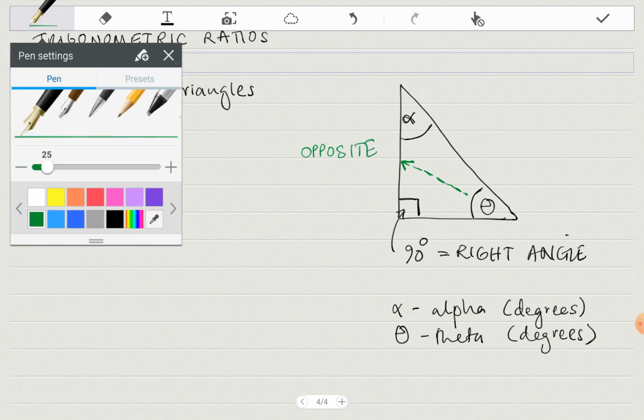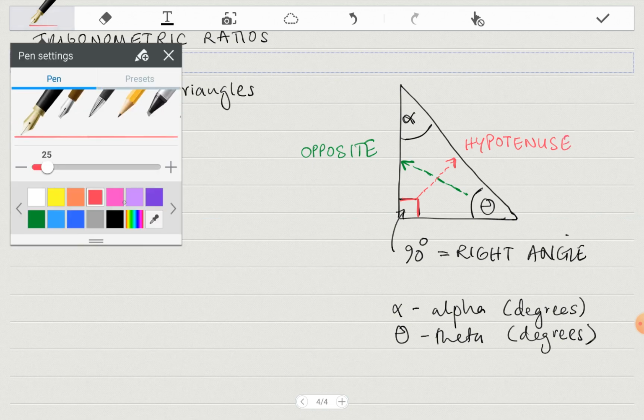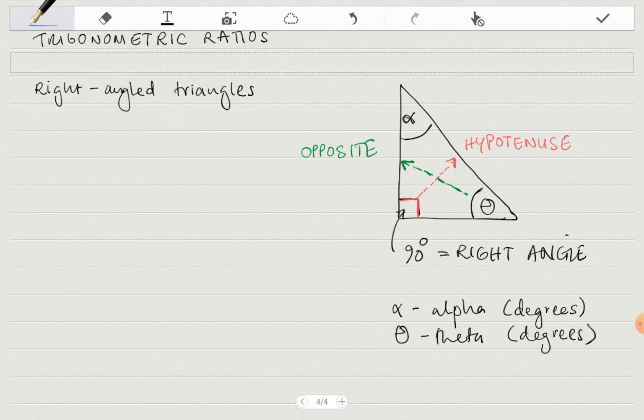And then we have the side that's opposite to the 90. If you look at the side opposite to the 90, that's usually called your hypotenuse. And then obviously you've got one remaining side, and that side is called the adjacent.